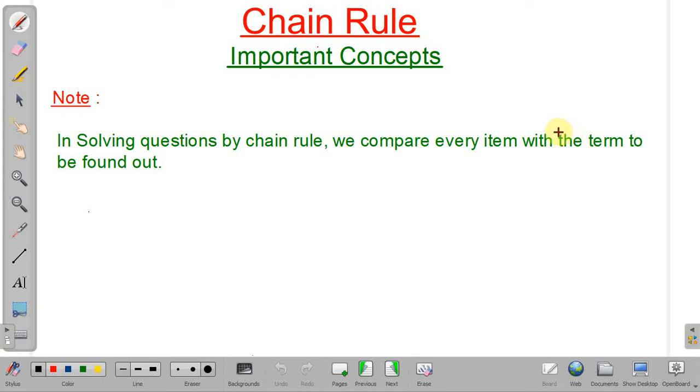So we have to check that. Then only we solve the problems. And remember one more thing: while solving the problems of chain rule, you should be good in ratio and proportion. If you do not have confidence in ratio and proportion, first see the lecture on ratio and proportion, then you can solve the problems of chain rule easily.